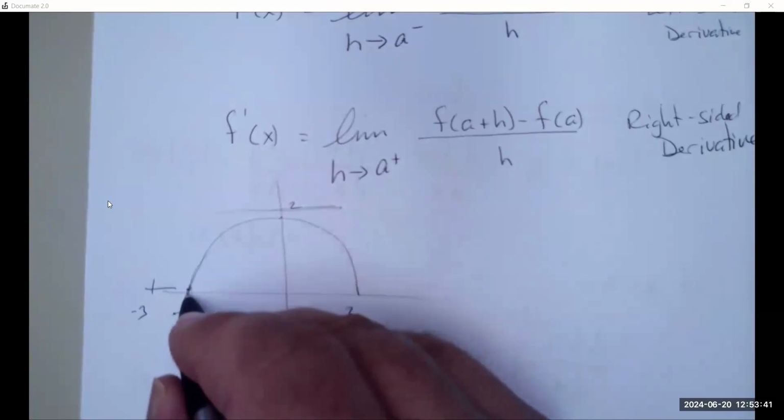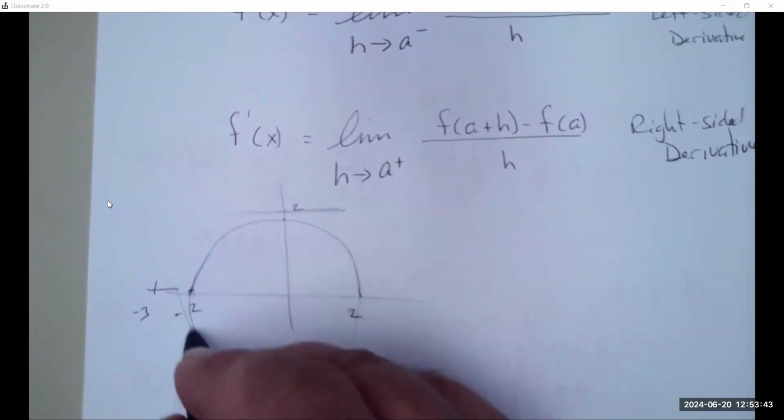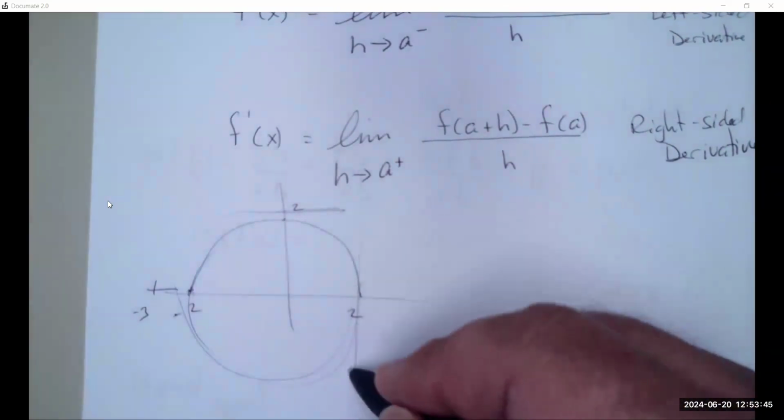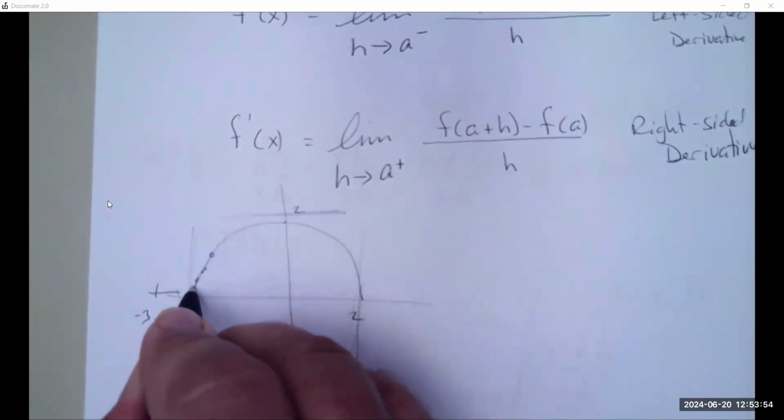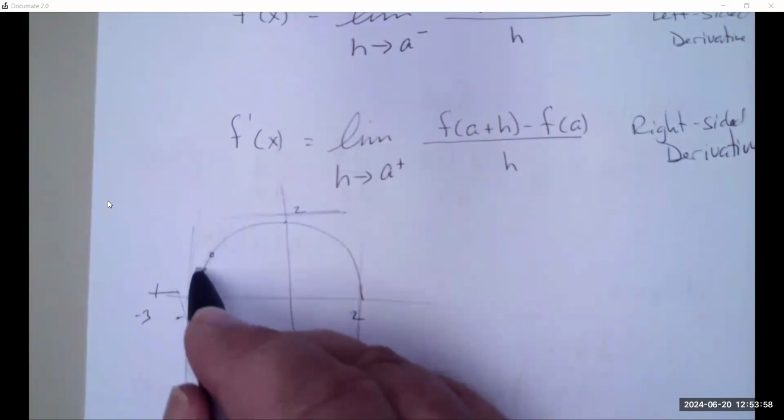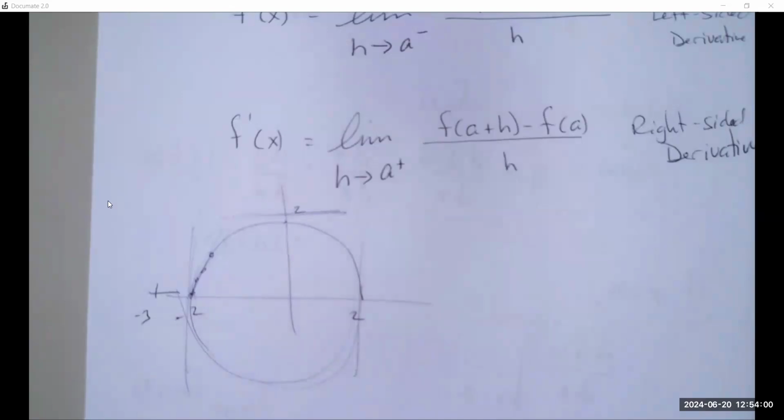Since this is the equation of a circle, I know that at 2 and -2, we have vertical lines, undefined slopes. So that's why I could take a derivative from one side, and I could tell you as the slope gets closer to it, it's going to get more and more vertical.